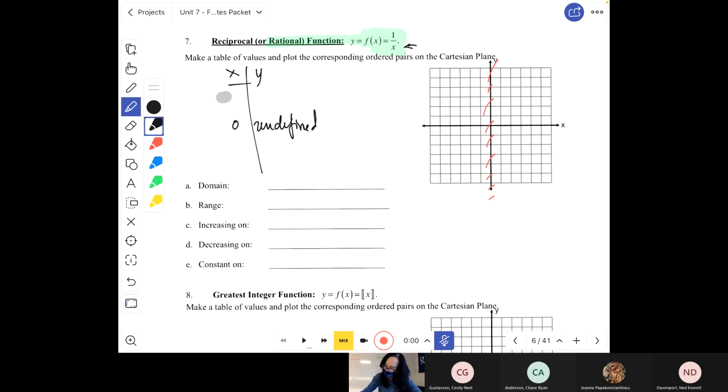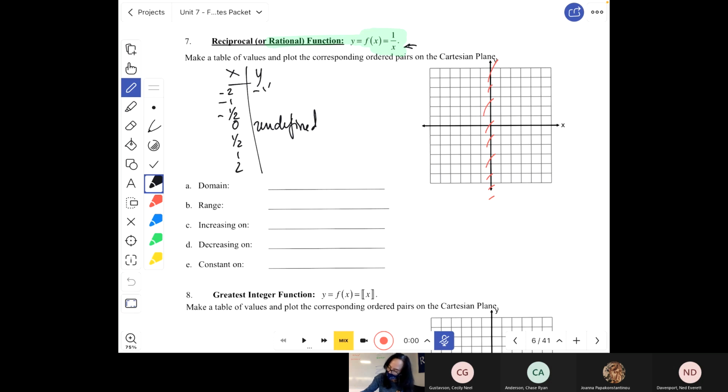So maybe negative, heaven help me, -2, -1, 1/2, -1/2, 1/2, 1, 2. Let's substitute those values in and see what the outputs are. -2, if I substitute in that -2 for x in the parent function, what is the output?